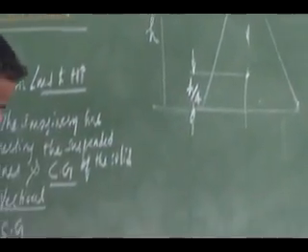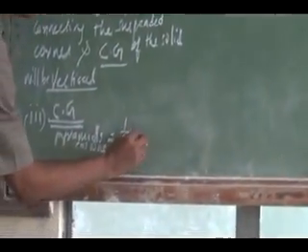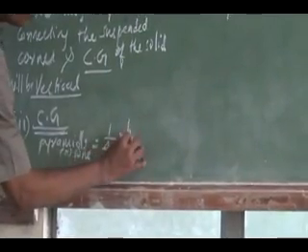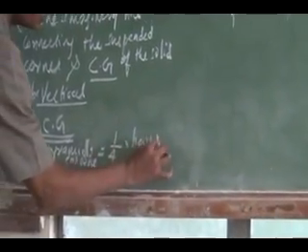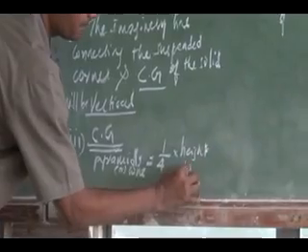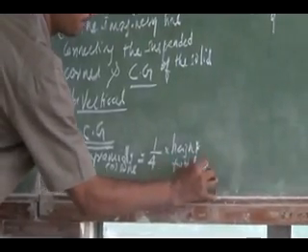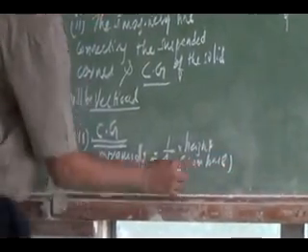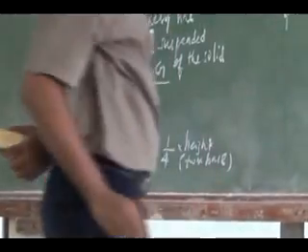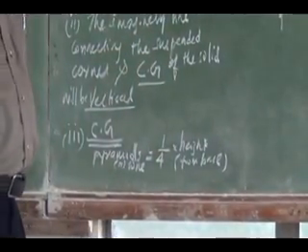So for a pyramid or cone, CG will be 1 by 4 of the height of the solid from the base. We should not take 1 by 4 of the height from the apex. From the base the CG will be that.